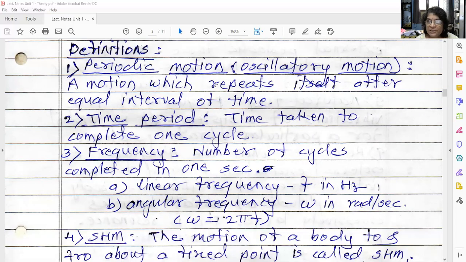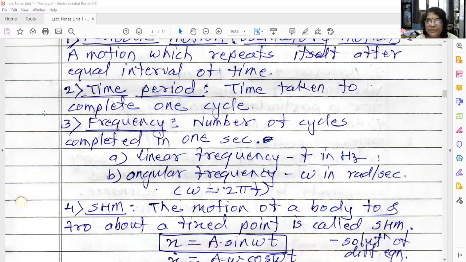Vibration is basically oscillatory motion only, or periodic motion only. Second is the time period. The time taken to complete one cycle is known as the time period. Its unit is second. Frequency: the number of cycles completed in 1 second or 1 minute or 1 unit is known as the frequency.